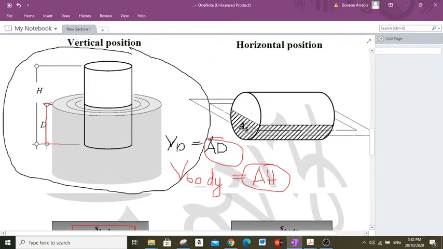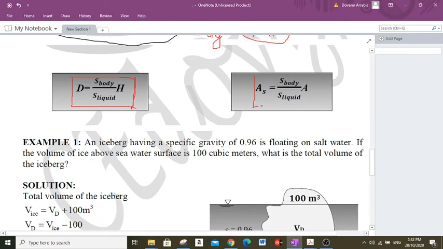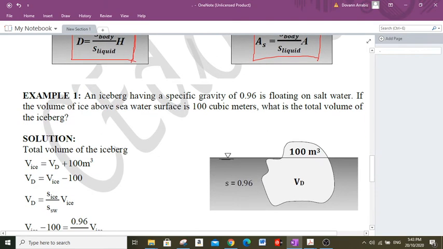If the object is in horizontal position, this equation will apply. Okay, so example number 1. An ice having a specific gravity of 0.96 is floating on salt water.